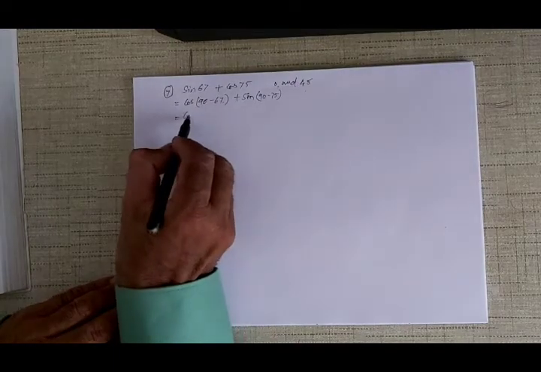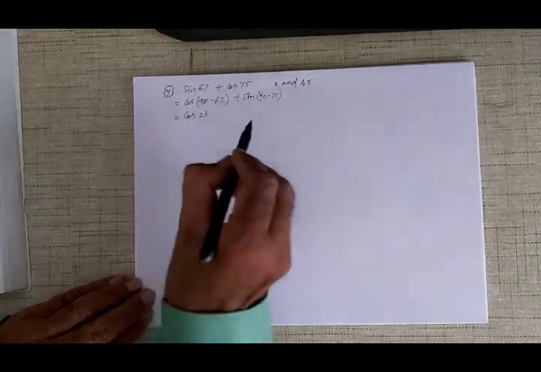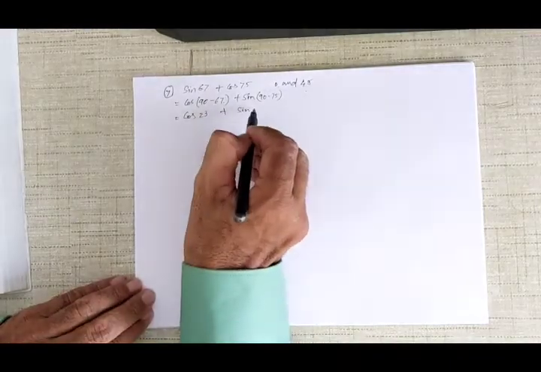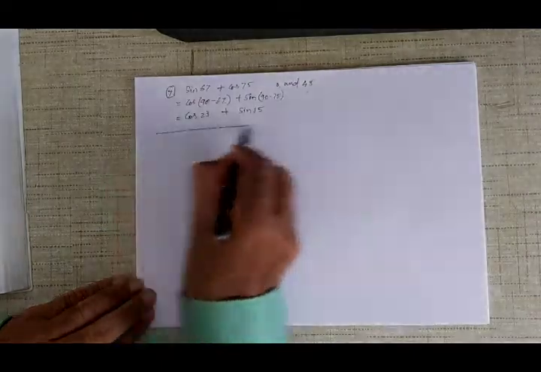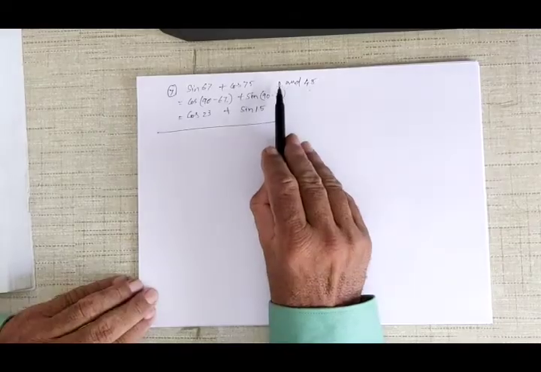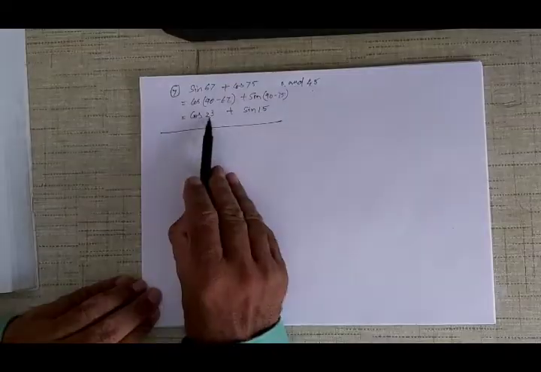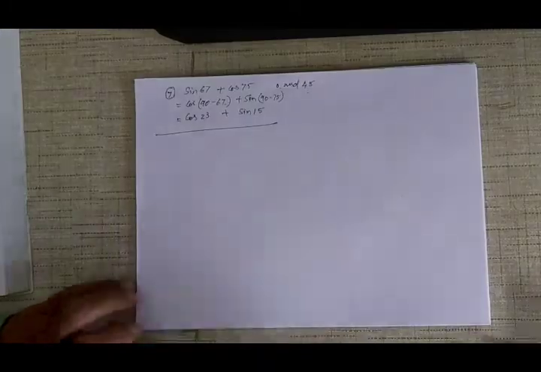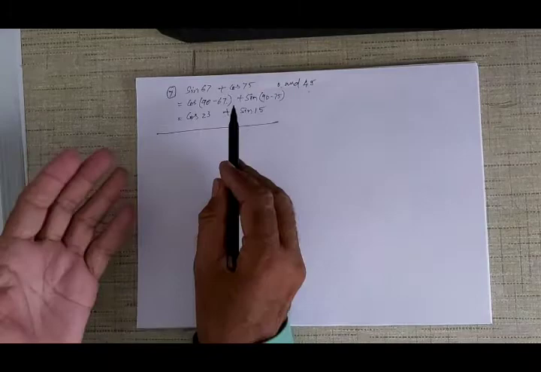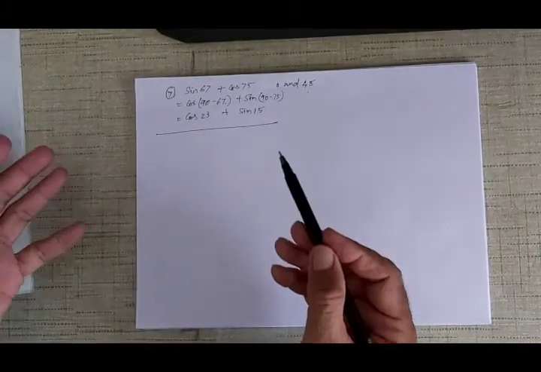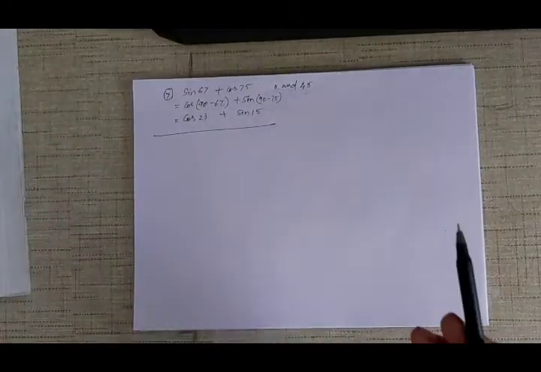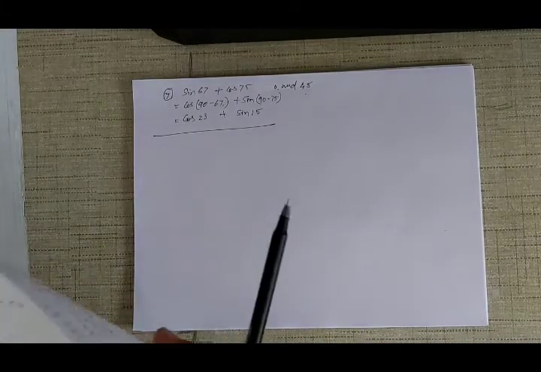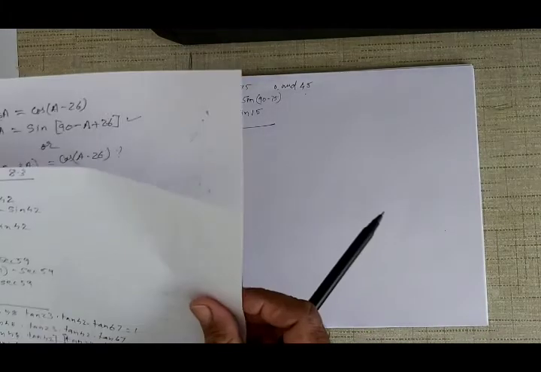So this is now cos 23, plus sine (90 minus 75), which is 15. That is done. 23 is between 0 and 45, 15 is between 0 and 45. Both are changed. Okay, that is why I changed. In this particular case you can change both because it is required, otherwise it is not required at all. So in all the other questions it was not required and therefore we did not change them at all.